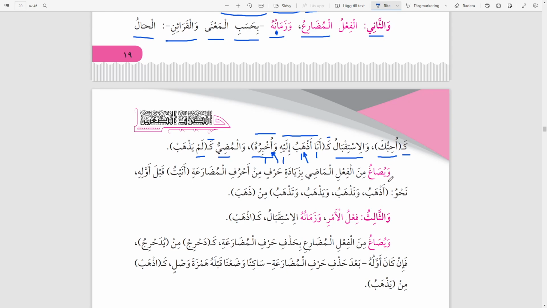ويصاغ من الفعل الماضي. And these are the ways to express or to construct الفعل الماضي, the past tense.